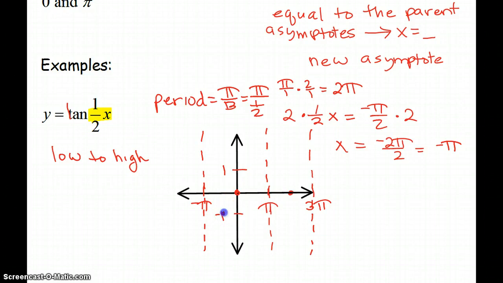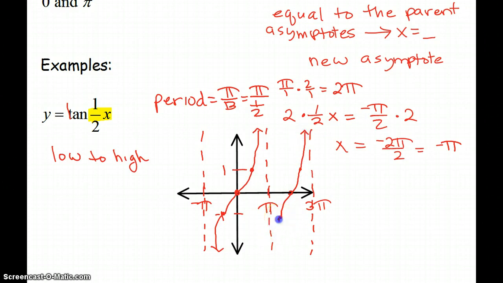So I'm going to go down here to negative 1. On this side, I'm going to go up to positive 1, and I'm just doing it halfway between these two lines. And then I just connect it. And there's one cycle. Then I do the same thing here, halfway between these two, I go down to negative 1. Halfway between these two, I go up to positive 1. And then I just draw my graph.